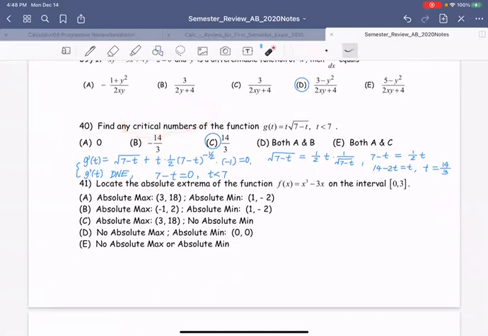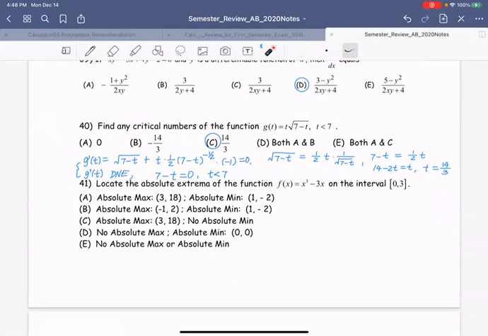Critical number is not only where the derivative equals 0, but also where it doesn't exist. Finding critical numbers or finding increasing or decreasing uses your first derivative. Finding concave up and concave down uses your second derivative.